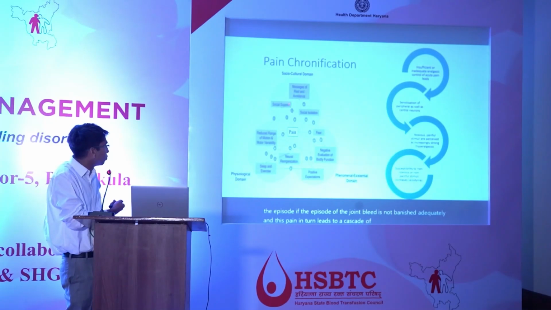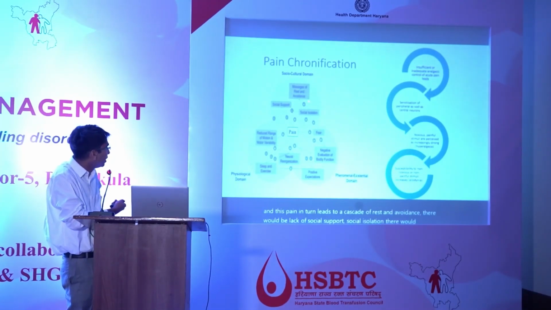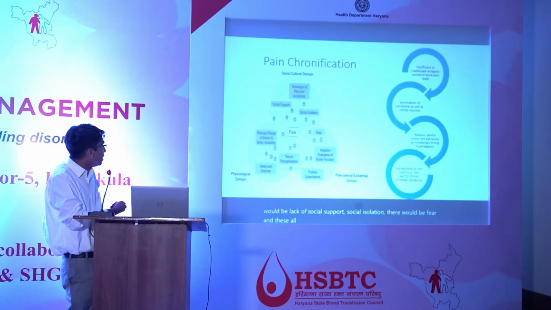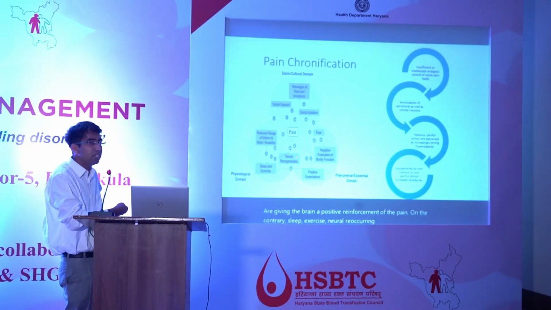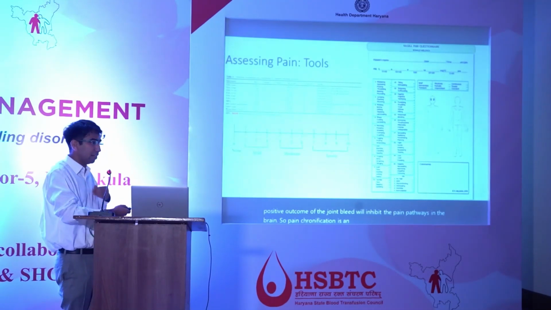There would be lack of social support, social isolation, and fear, and all these factors are giving the brain a positive reinforcement of the pain. On the contrary, sleep, exercise, neural reorganization and a positive outcome of the joint bleed will inhibit the pain pathways in the brain. So pain chronification is an important issue which needs to be addressed.